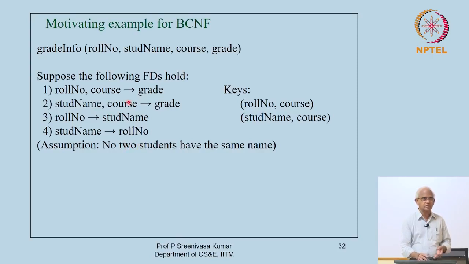Everybody qualifies the condition. What does the third normal form condition say? For every non-trivial functional dependency X determines A, and all of them are non-trivial, either X is a super key, which is the case for the first one, it is a key itself, and this one also is a key itself, or A is prime, the right hand side is prime.